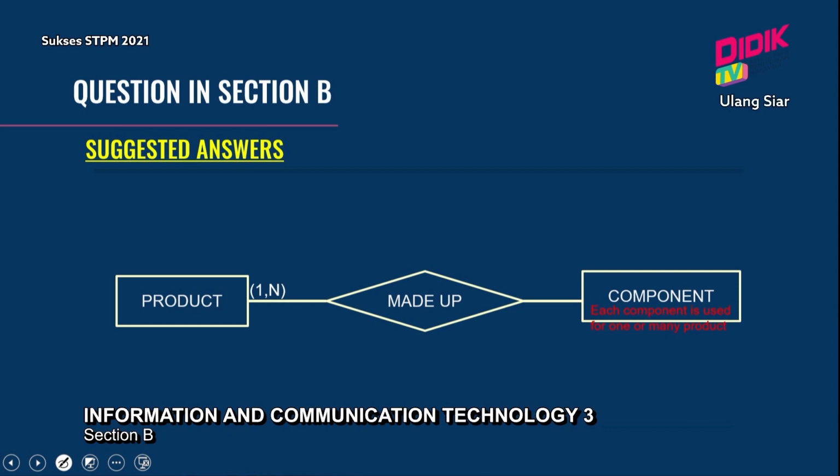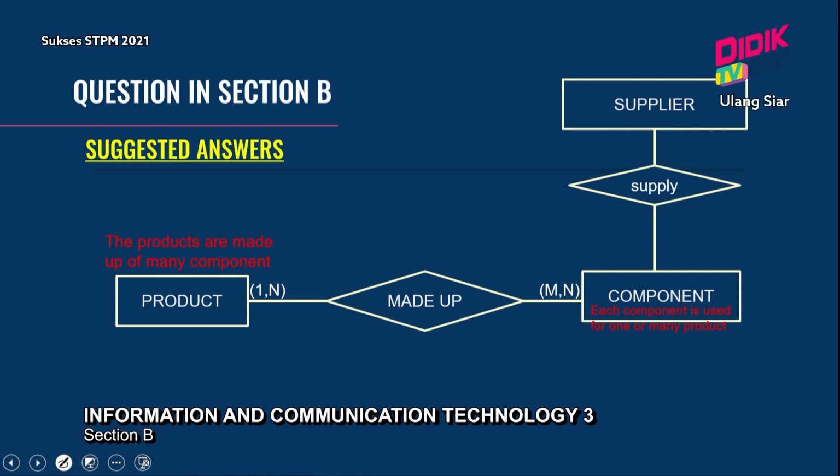How to read this ER diagram? How I get this is from the question. I just extract: each component is used for one or more products, and the products are made up of many components. So the cardinality is that one. Supplier supplies component.